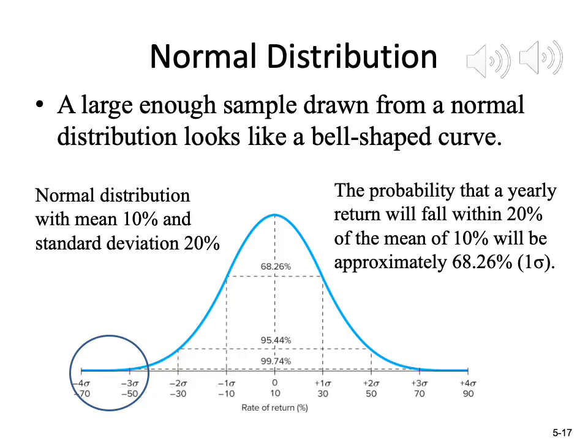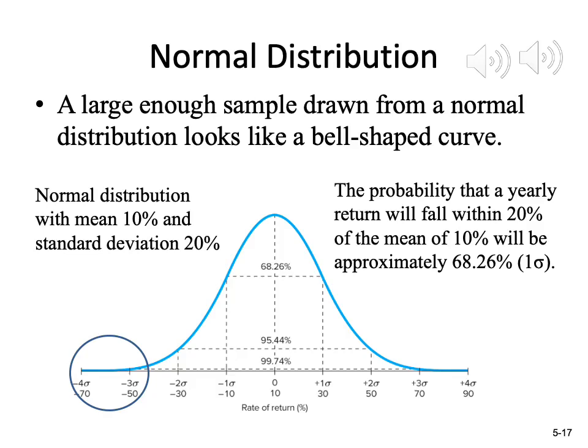What we can tell from this normal distribution, if the stock return follows this normal distribution, is about what lies within one standard deviation of the mean of 10%.